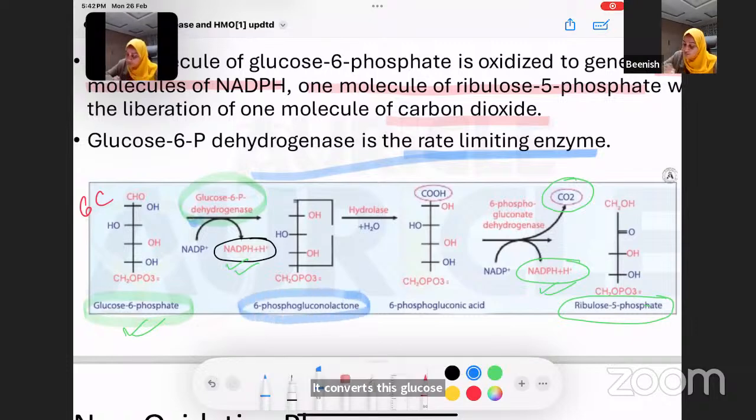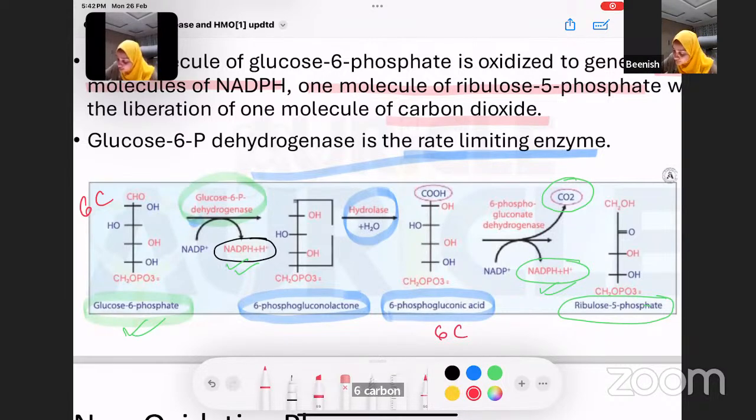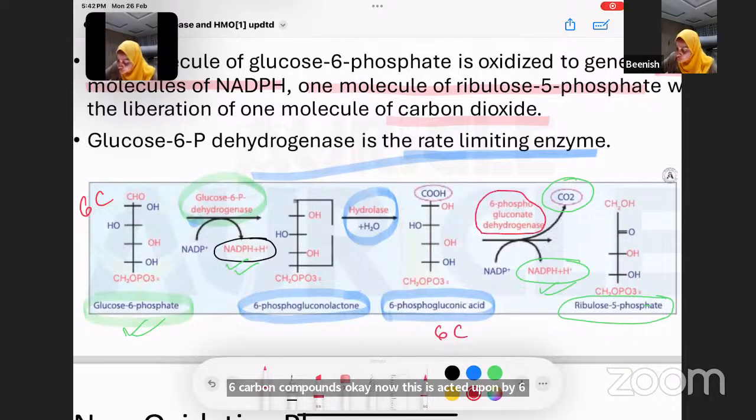It converts this glucose 6-phosphate into 6-phosphogluconolactone, which is then acted upon by hydrolase. And what is formed? 6-phosphogluconic acid is formed. Now you see, all these are 6-carbon compounds. Now this is acted upon by 6-phosphogluconate dehydrogenase. So what is the accepting molecule here? NADP plus.